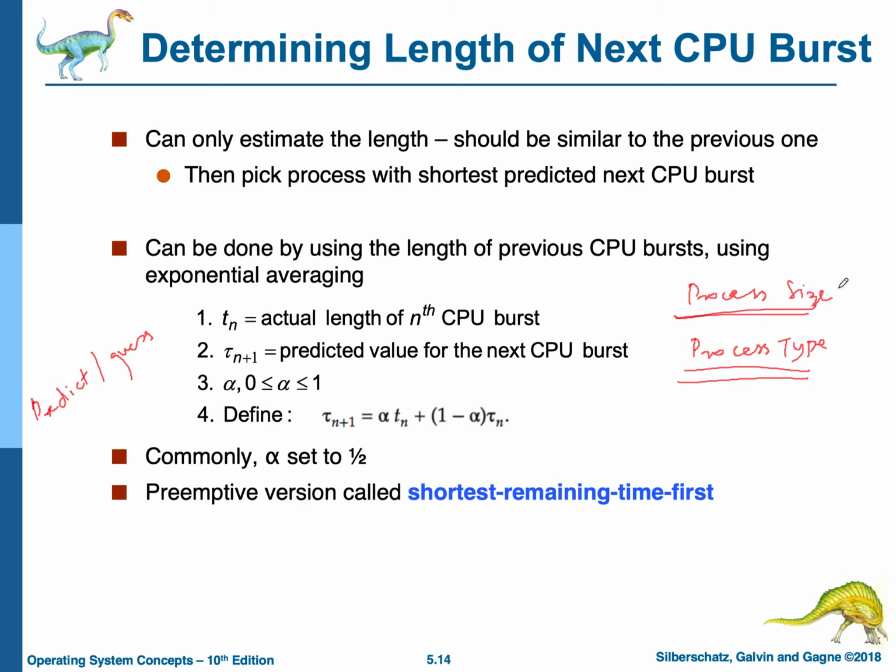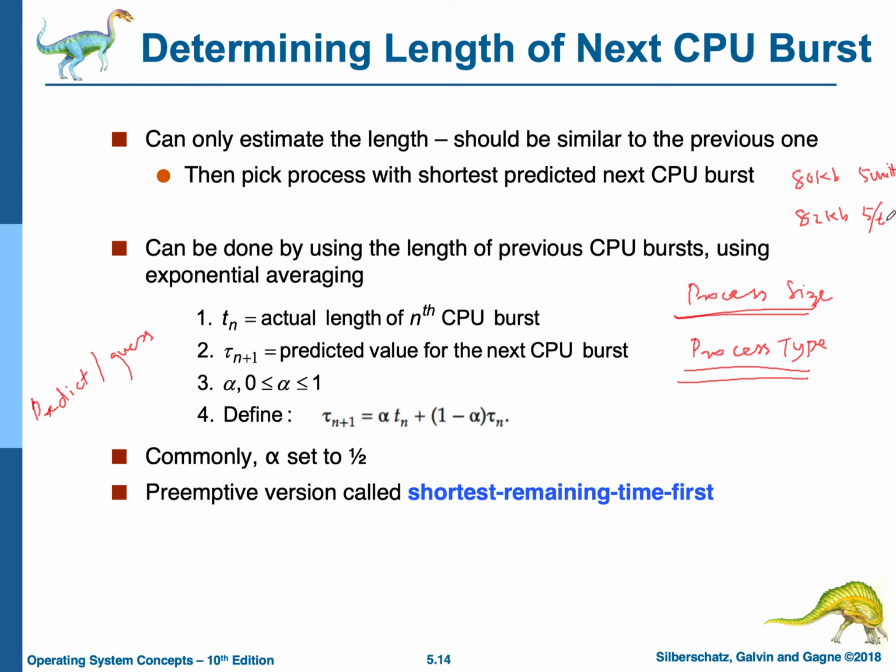The process size is the size of a process. Let's say a process is 80 kb, and it requires 5 units of time. Another process is 82 kb. Then we can estimate that it will also take 5 units of time.